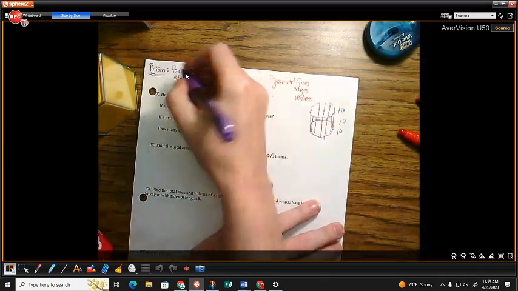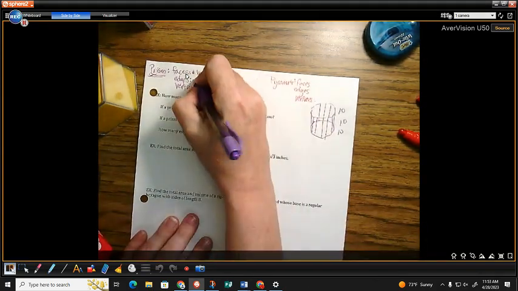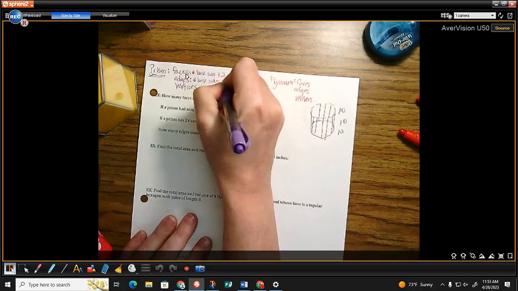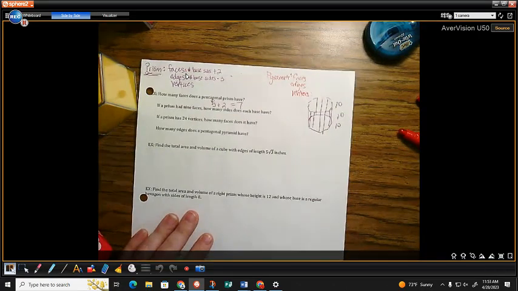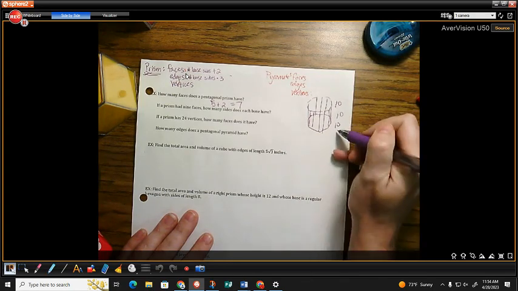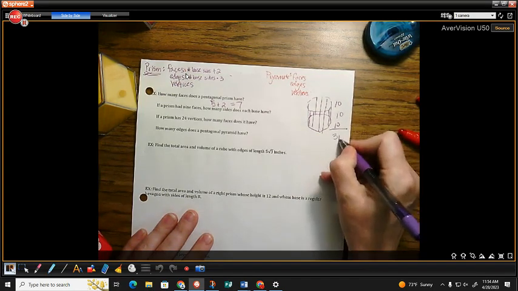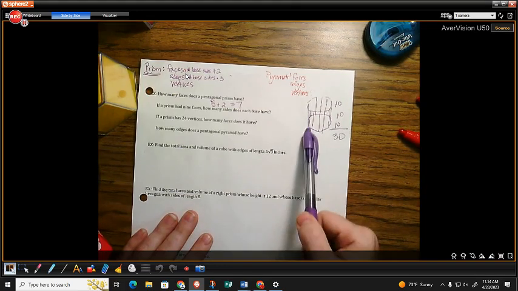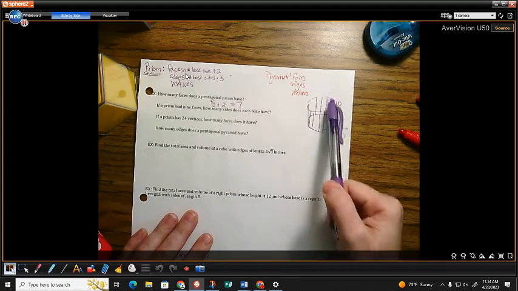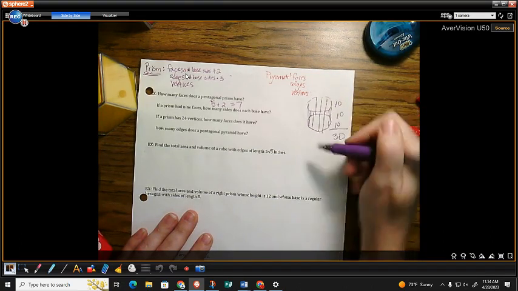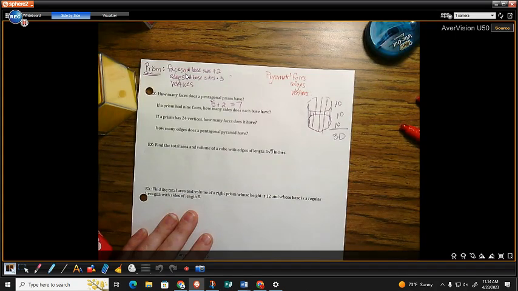So the number of edges is always the number of base sides times 3. So if I had 10 sides on my base, I will have how many edges? 30. Because there will be 10 making the bottom decagon, 10 making the top decagon, and 10 edges connecting. Okay?